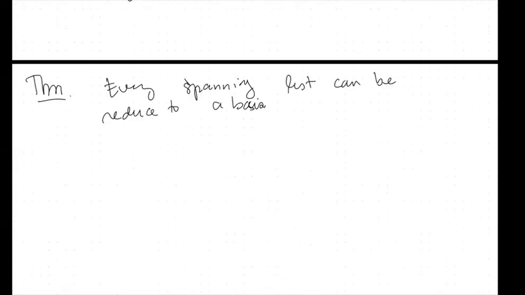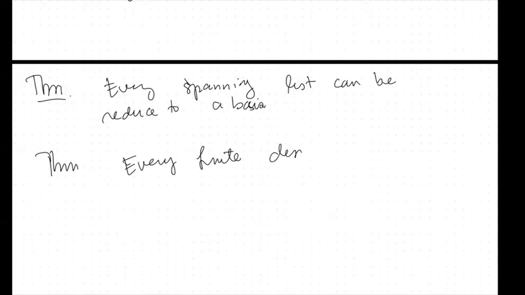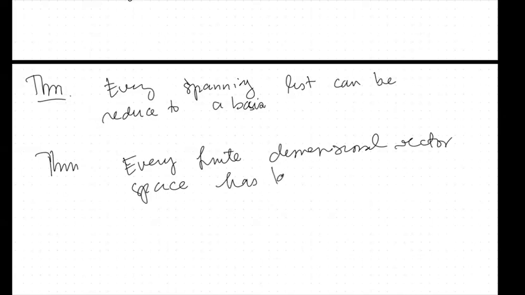So yeah. The next theorem is, if we have a finite dimensional vector space, this always has a basis. Of course, the candidate for that is the canonical basis.